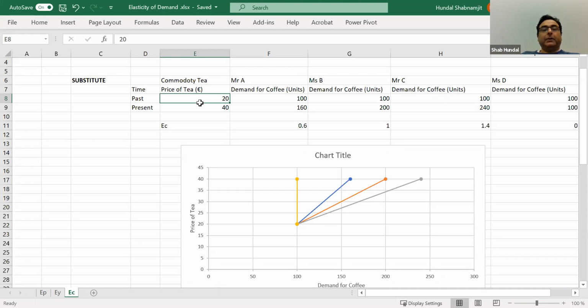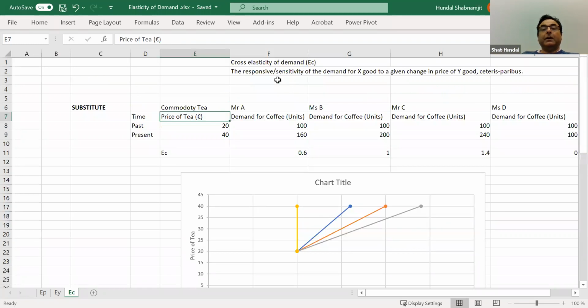All right, now here, look at the story. The price of tea is affecting the demand for coffee. Can you see here? I on purpose wrote, and look at the definition I wrote. The cross elasticity of demand, EC, shows the responsiveness, the sensitivity of the demand for X good to a given change in the price of Y good.